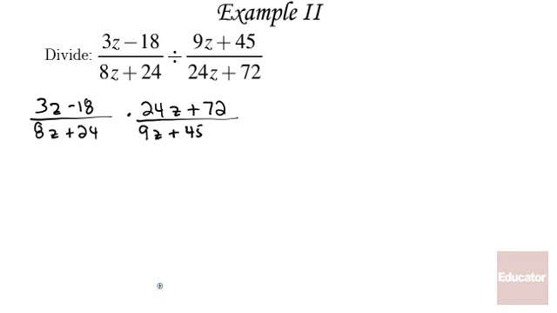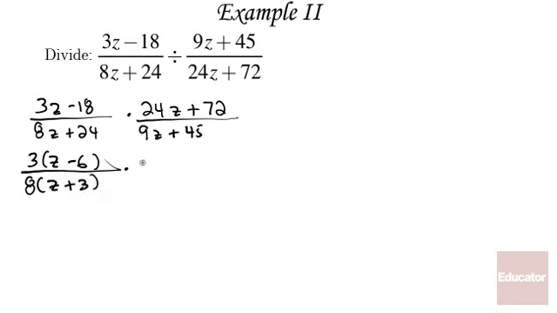Next, I'm going to start factoring. So after I find the reciprocal, when I'm working with polynomials, I have to factor before I can cancel out. Can't cancel until you've factored. Okay, in this numerator, I have 3 as a common factor. This is going to become z minus 6. In the denominator, 8 factors out to give me z plus 3 left behind.